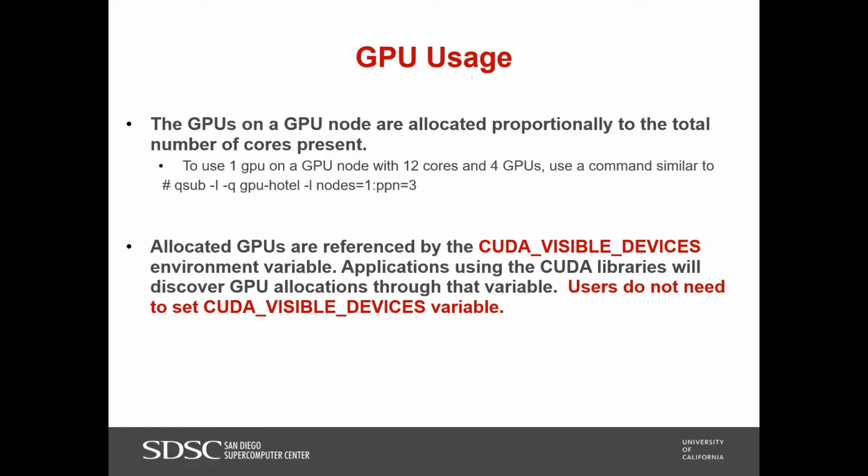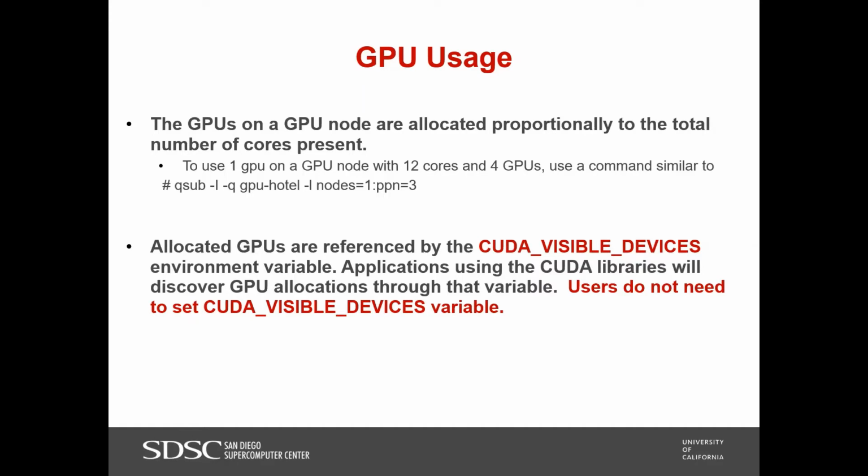One more thing I want to add to the job management is about GPU usage. If you want to use GPUs on TACC, they are allocated proportionally to the total number of cores present. Here I give one example of how to ask for one GPU node.